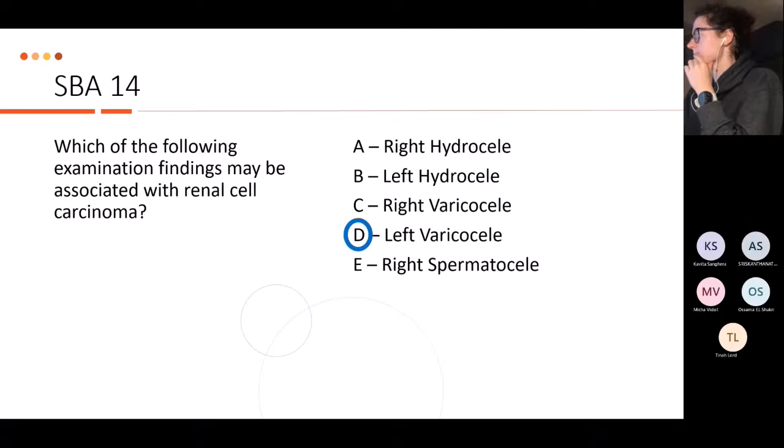Okay. So you got the right side, it's the left, and it's a varicocele, and I'll explain that when I get onto the slide in a moment.